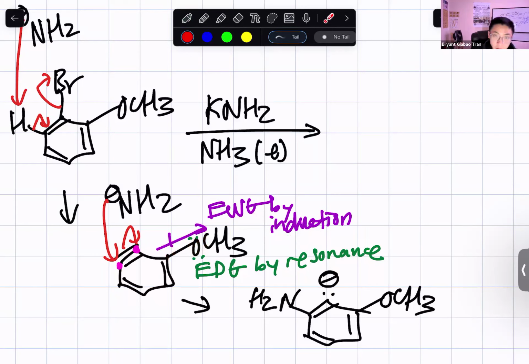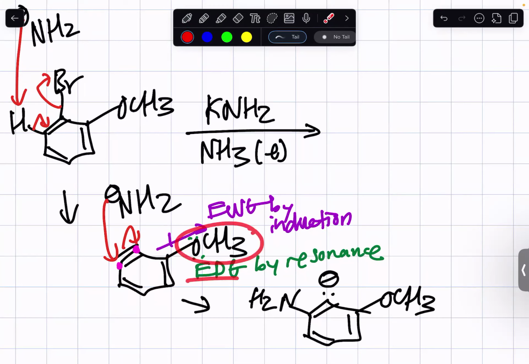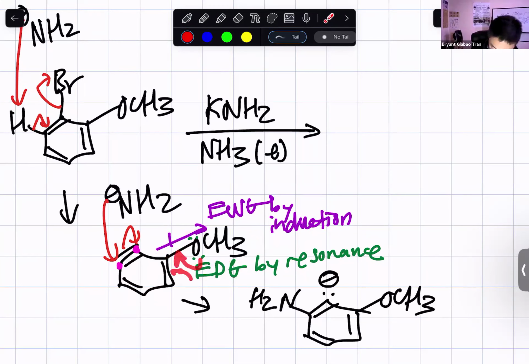So it's withdrawing electrons from the carbon inductively, naturally just withdrawing electrons. But overall, OCH3 is considered an EDG because it can donate electrons into the ring directly by resonance. But this is the factor that stabilizes the negative charge, because this oxygen, with its high electronegativity, will withdraw that negative charge towards itself. Does that make sense?